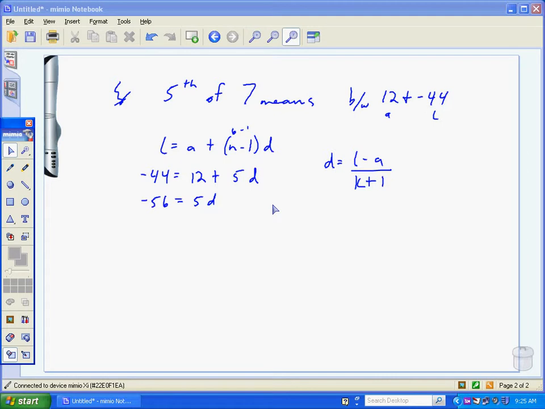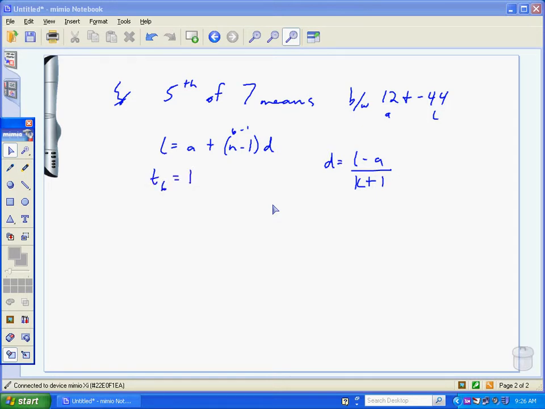Okay? Oh, we used the wrong terms here, guys. This is all totally wrong. I apologize. We're saying that the sixth term is negative 44. My bad. Sorry about that. Yeah. Here. We're looking for T6.